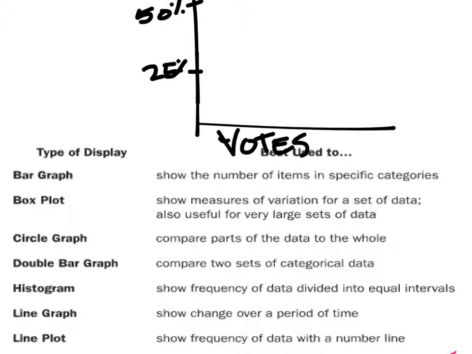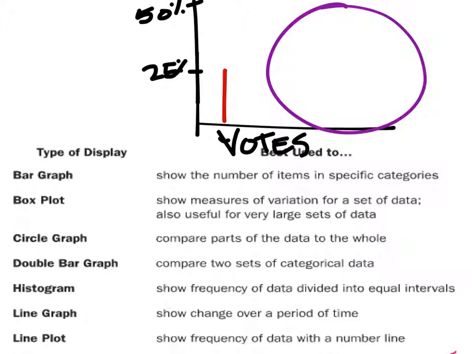Well, in terms of votes, maybe this person has 25% of the votes, so just to represent that, we would use a very small circle, or if you wanted to really emphasize it, man, they only have a line's worth of votes. And then for 50%, it's like, whoa, man, that thing is humongous, okay?